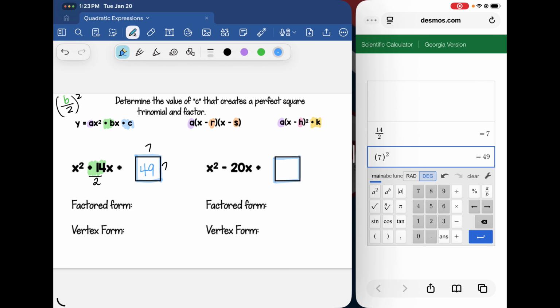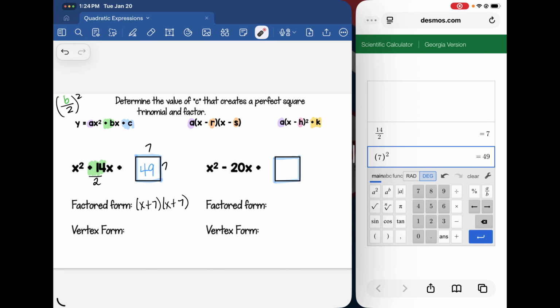Now I need to write my factored form, aka 2 parentheses, a product. That means on this side, since it says x squared, it will be x plus 7 because it's a +7. Well, how many times am I going to write x plus 7? Because I see it twice, 2 times.